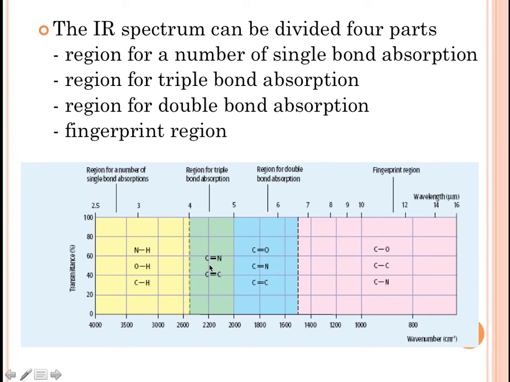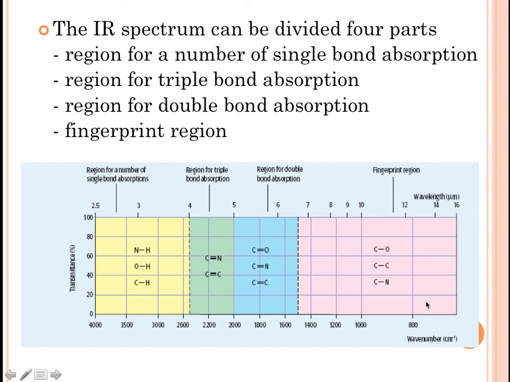We will look at these green and blue regions too, because we've got C=O bonds there, which might tell us we've got an ester, or it might tell us we've got an amide rather than an amine. Okay? We might also see this one here, so we might have triple bonds or double bonds being evident in these regions.